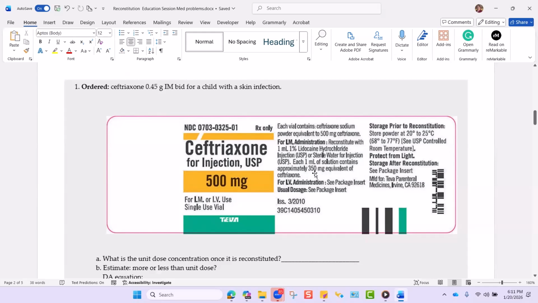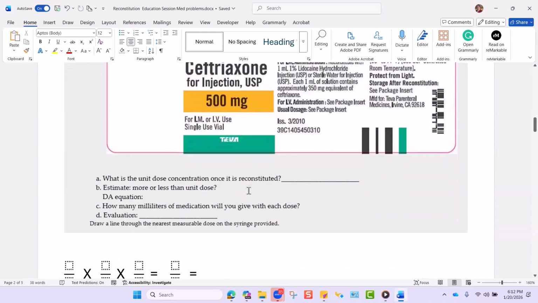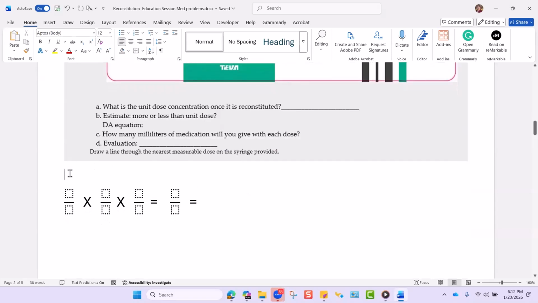That means the total. So each ml, once you mix it with that, it's going to have 350 milligrams. So that's now your available, okay? My available is 350 milligrams of ceftriaxone. So it's not the 500. Do you see how that's confusing? Everybody with me? All right, so I'm going to write that down here.